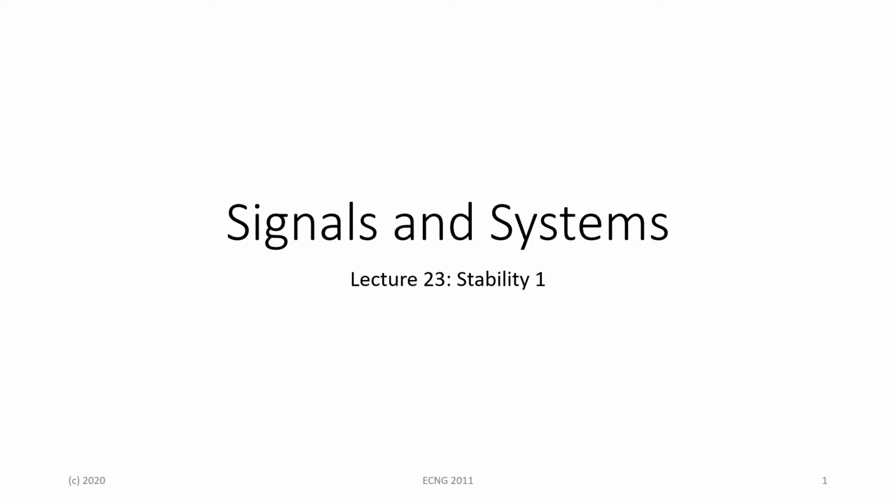We'll see how to formulate the characteristic equation using a system transfer function, and from that characteristic equation, we'll use the coefficients to formulate the Routh-Hurwitz table and then solve and determine if the system is going to be stable or not.